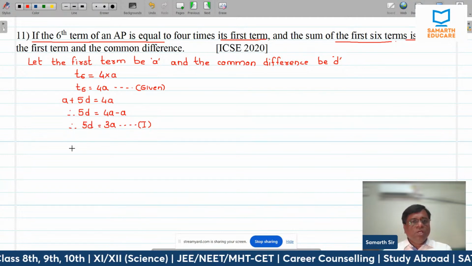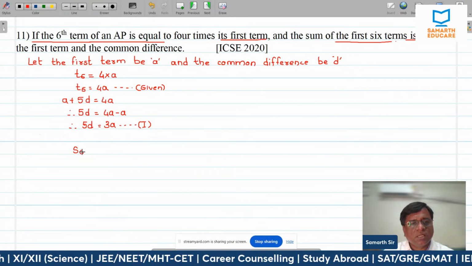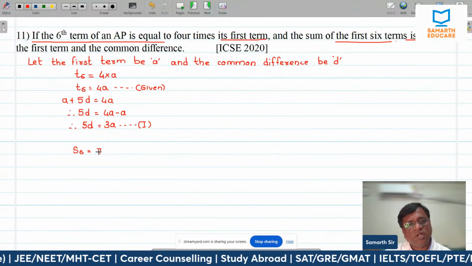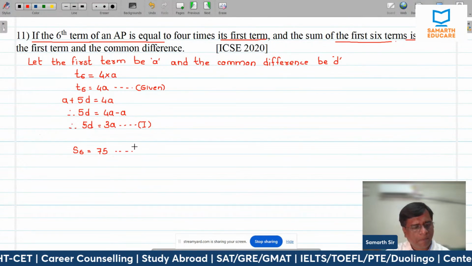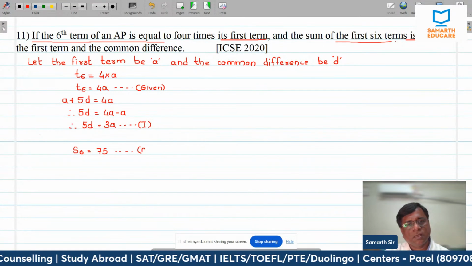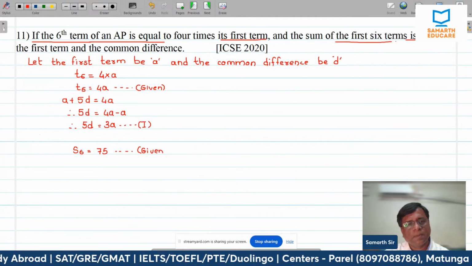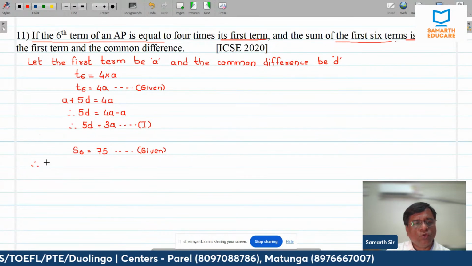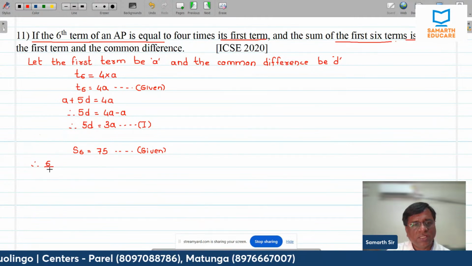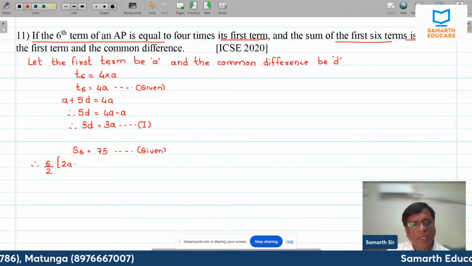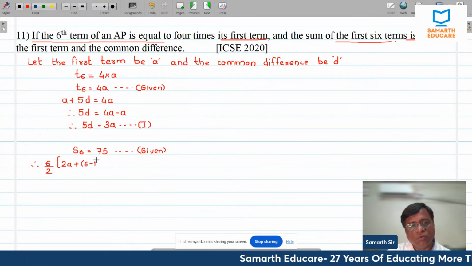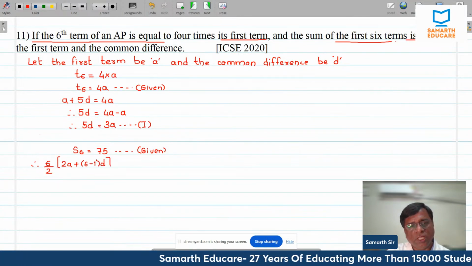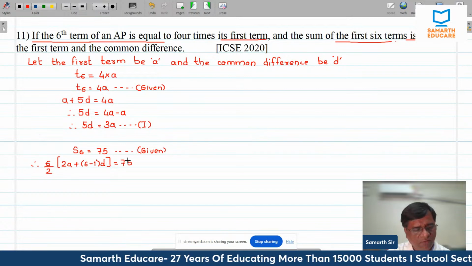Okay, now he says S6 is 75, again given. Now what is S6? That is n upon 2, formula n upon 2. So n is 6 divided by 2. 2a plus n minus 1 into d is 75.